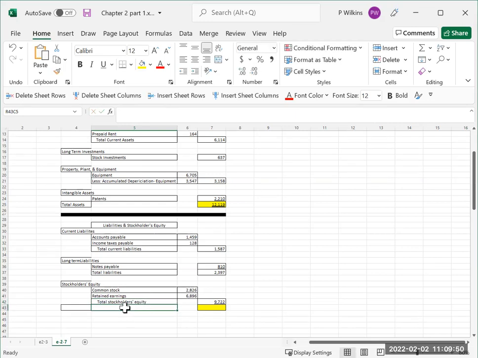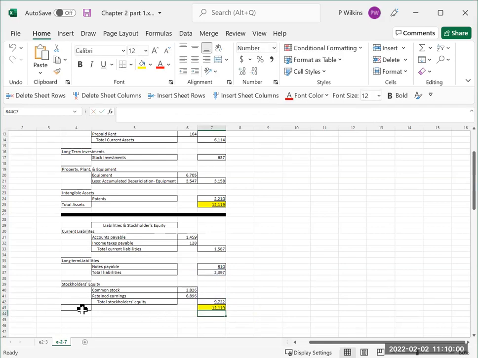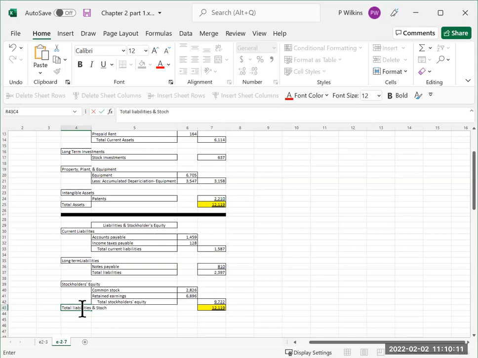And then we are going to add together the 2397 and the 9722. And that's going to give us what's called our total liabilities and stockholders' equity.